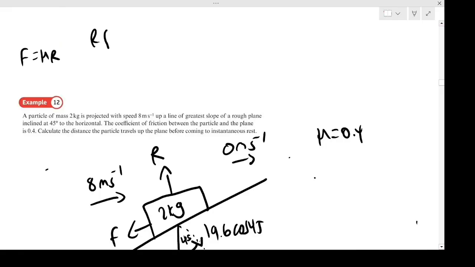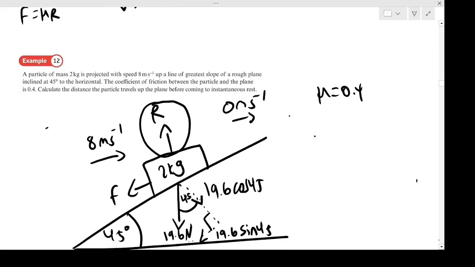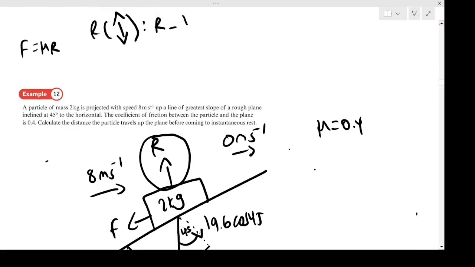We're going to want to look at the forces perpendicular, so in this sort of direction. So the force upwards is R, take away the downwards force, the opposite one, which is 19.6 cos 45. And there's no acceleration in this direction, so it equals 0.